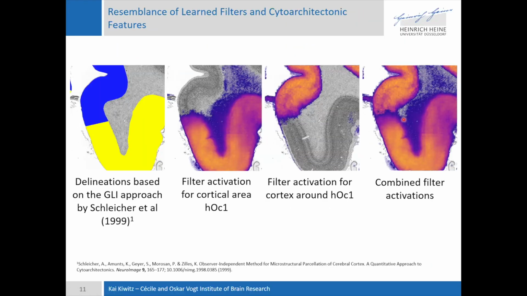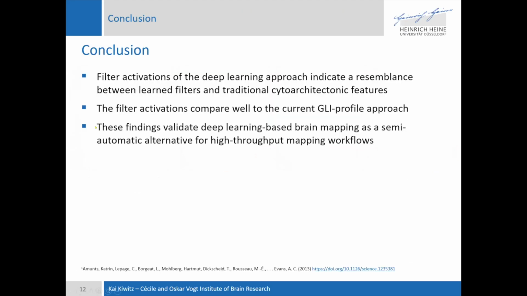If you combine these two filters, you see that there might be a border representation inside the trained neural network that actually fits quite well to the delineations based on the current GLI approach. So we think that filter activations of a deep learning approach indicate that there is a resemblance between learned filters and traditional cytoarchitectonic features.